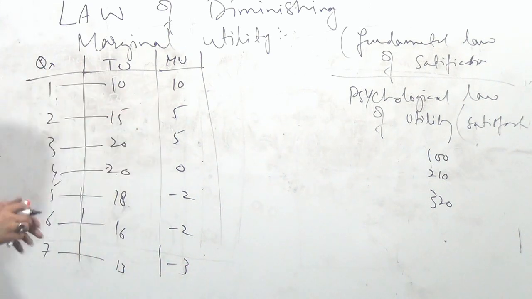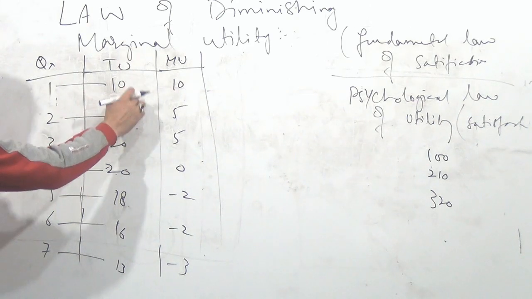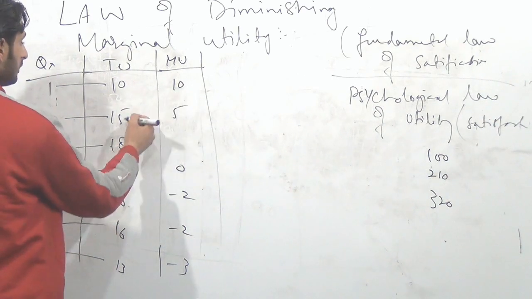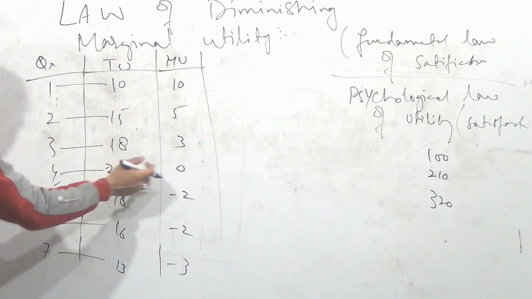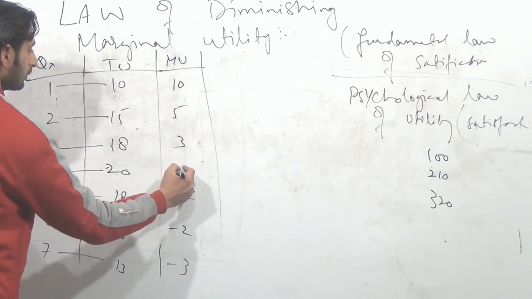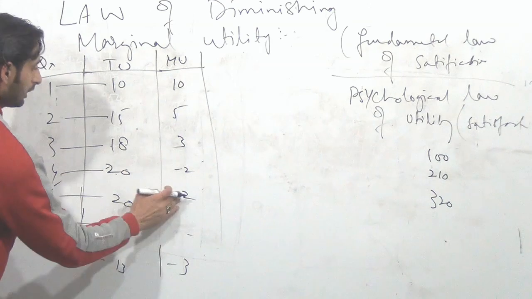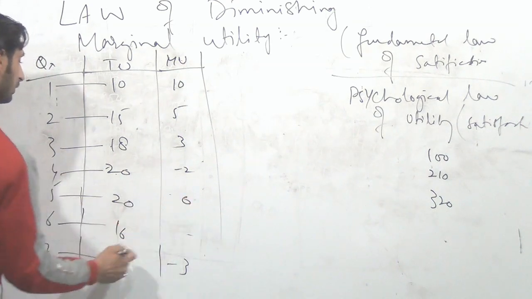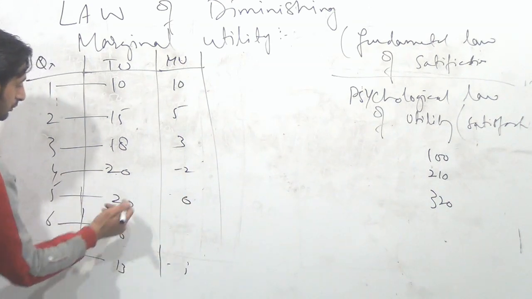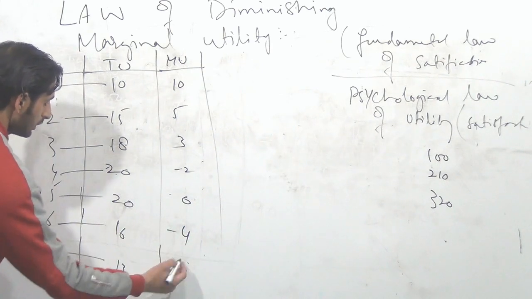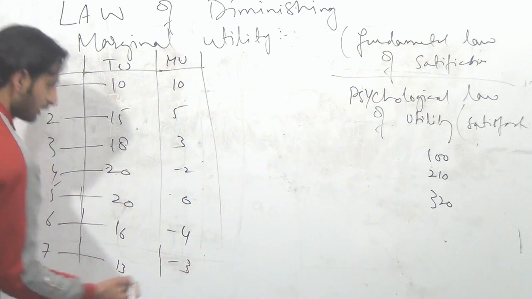We may change a few numerics in order to establish it properly. Say from 10 to 15 to 18, here we will get 3. From 18 to 20 we will get minus 2. We will put a 20 here, so we'll be able to get a 0. And likewise, 16 to 13 is minus 3.